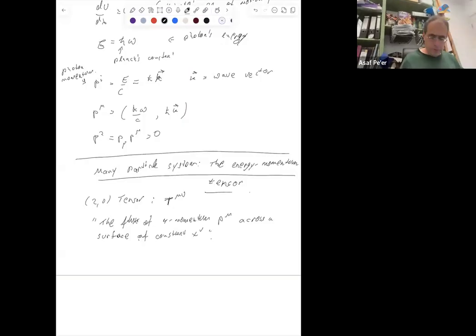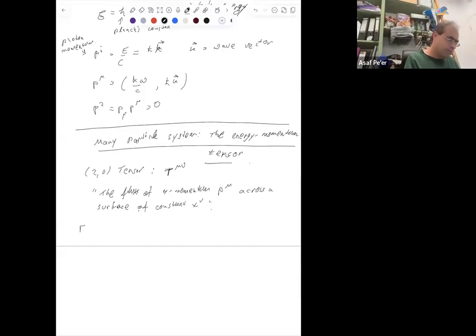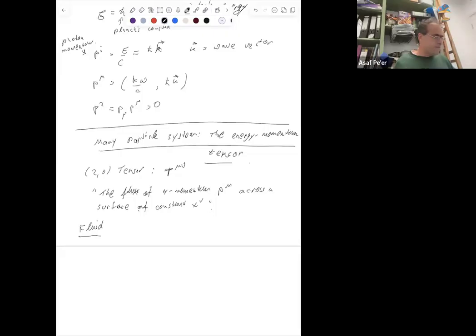So to get the feeling of what it means, we need to introduce the concept of a fluid, which is essentially a continuum of matter described by macroscopic quantities, such as temperature, pressure, entropy, etc. But a fluid is a little bit too general for our purposes, and it's more complicated. This you'll learn if you take a course in fluid dynamics. What we actually are interested in is what's called a perfect fluid.